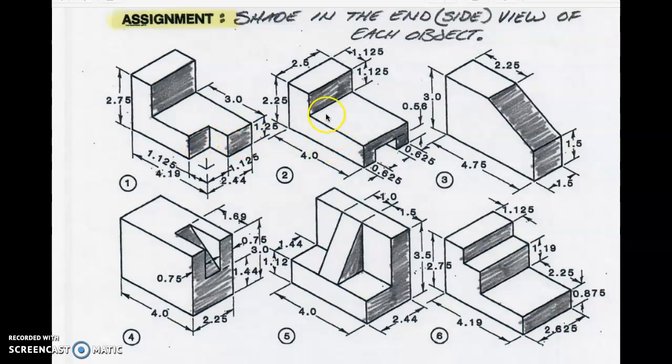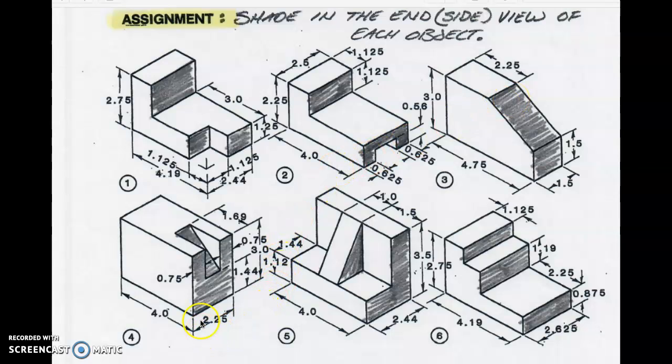In number 2, we have a rectangle on top of an upside down U shape. This piece here is our near, this back rectangle is the far. In number 3, we have a small rectangle in the near, and now we have that slope or that angle for this piece.